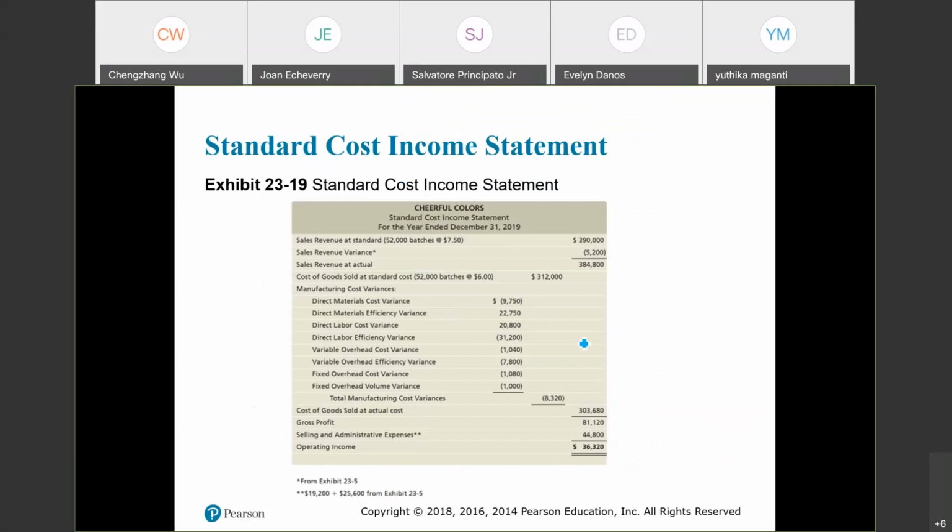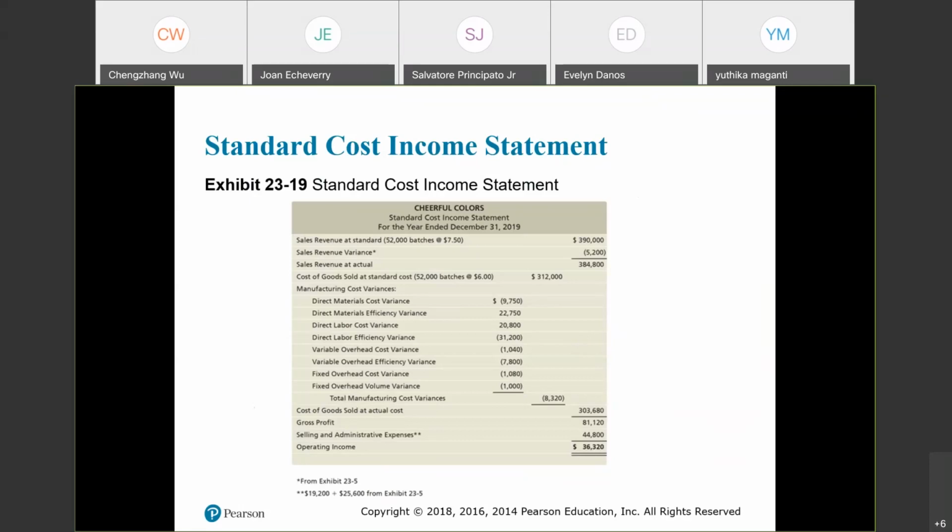So it shows a standard cost income statement that highlights the variances for management. The variances with credit balance are shown in brackets because they are contra expenses and therefore decrease the expense of COGS.